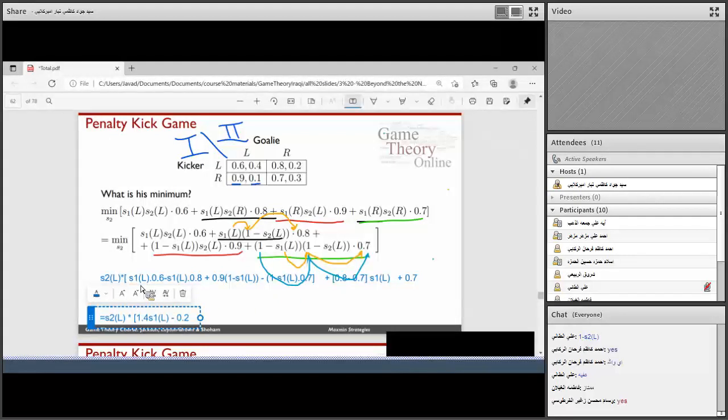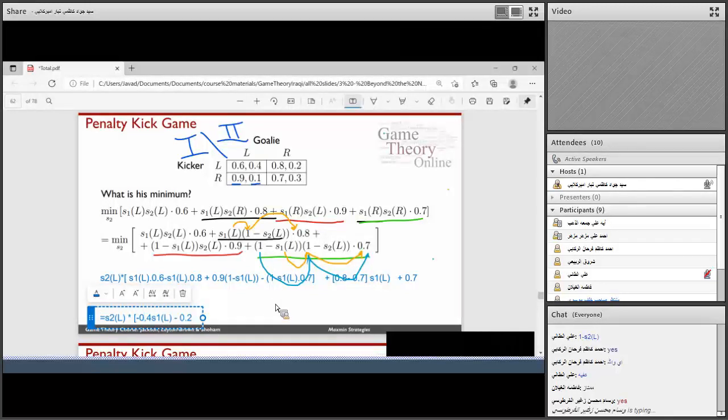One more time, that would be 0.6 minus 0.8, which is minus 0.2, minus 1.1, and then 0.7, which gives me minus 0.4.